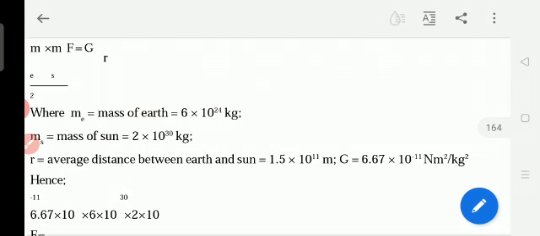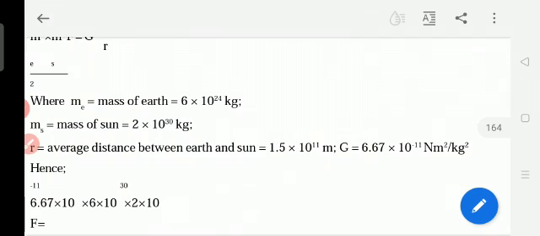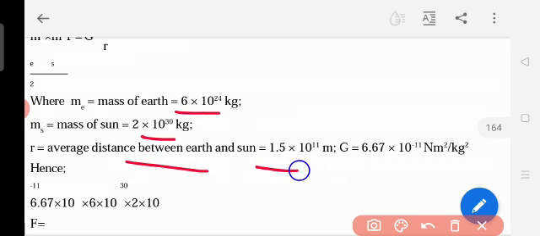The mass of the earth is 6 into 10 to the power 24 kilogram, the mass of the sun is this much, and the average distance between them is this one. G means universal gravitational constant. Constant means the same value anywhere in the universe: 6.67 into 10 to the power of minus 11 Newton meter square per kilogram square.